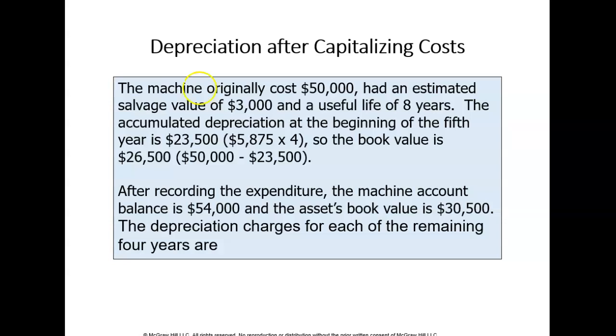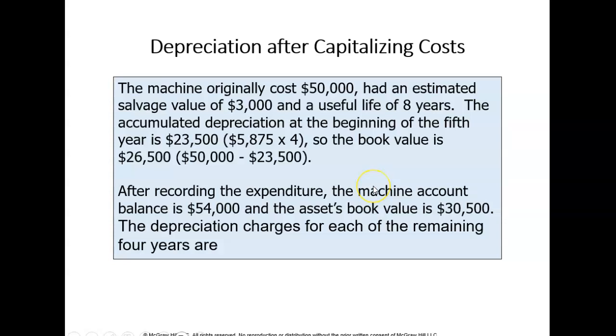So let's go through our calculation again. So here, remember that the machine was bought for $50,000. Salvage value was $3,000. We had expense through year 4 of $23,500. So $26,500 was the book value at the end of year 4. But we just spent $4,000 in year 5.